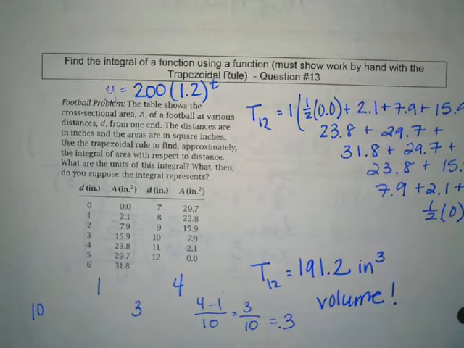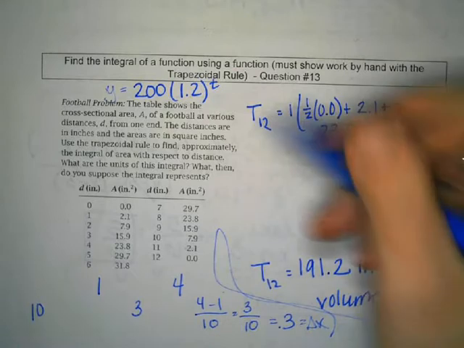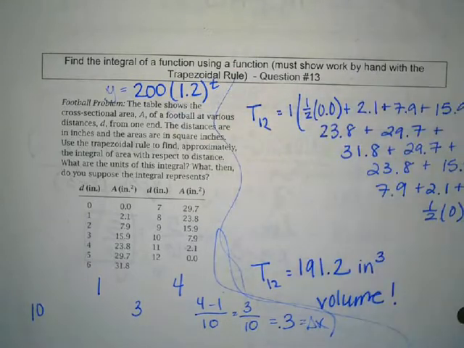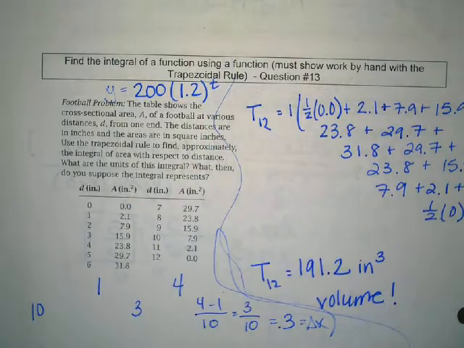So 0.3 would be the change in x value in that case. Now I hope you didn't lose me. This is a completely different example than this one here. This shows you how to set up the trapezoid rule based on a table, but I just realized I'm asking you to use it with a function, which is different. So that would be your change in x.